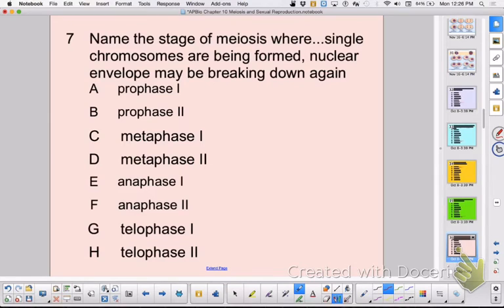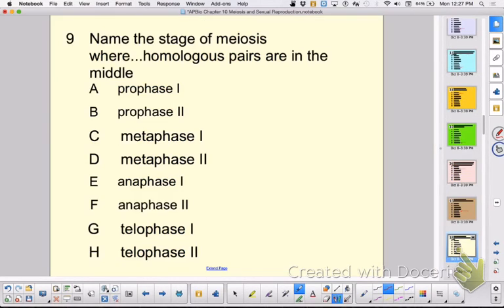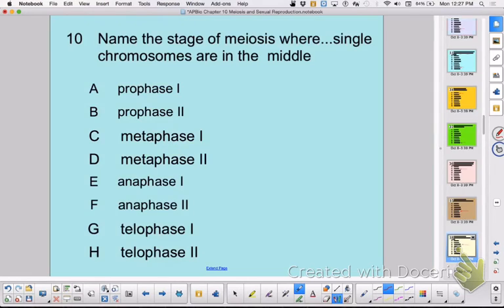Name the stage of meiosis where single chromosomes are being formed, and the nuclear envelope may be breaking down again. Prophase 2. Okay, name the stage of meiosis where homologous pairs are separating. Anaphase 1. Name the stage of meiosis where homologous pairs are in the middle. Metaphase 1. Are these easy peasy lemon squeezy? Yes.